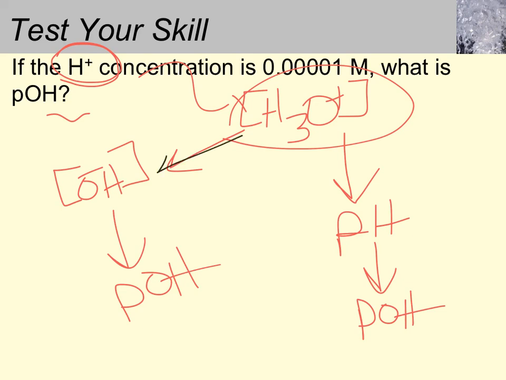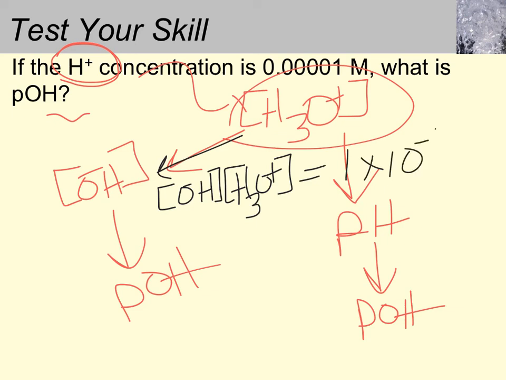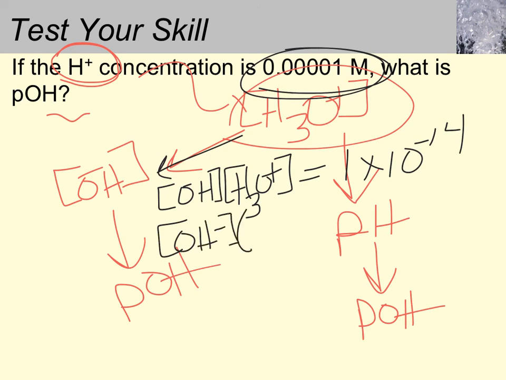So let me try this route just because we haven't really done that yet. You have to remember that the concentration of hydroxide times the concentration of hydronium equals Kw, which is 1 times 10 to the minus 14. All right, so if we plug in the value we have for hydronium ion, we can solve for the concentration of hydroxide.